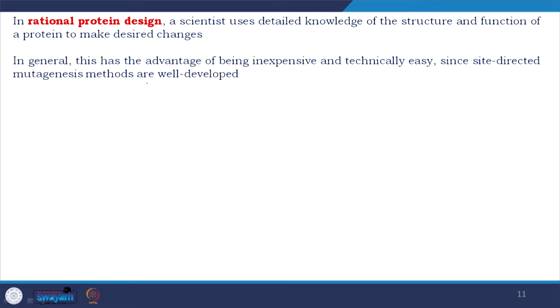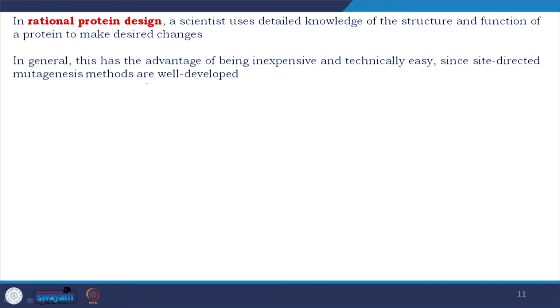In rational protein designing, a scientist uses detailed knowledge of the structure and function of a protein to make desired changes towards getting an updated protein. I am keeping it common because updated may be anything. In general, this has the advantage of being inexpensive and technically easy, since site directed mutagenesis methods are well developed.